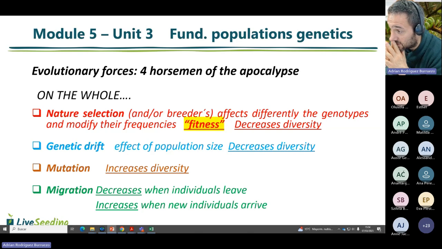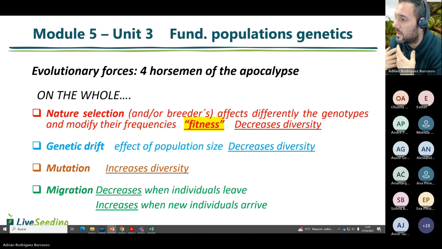Genetic drift is another evolutionary force, and it is related to the size of the population. And it is very simple to understand. The lower the number of individuals which make up the population, the harder is the effect of random forces.